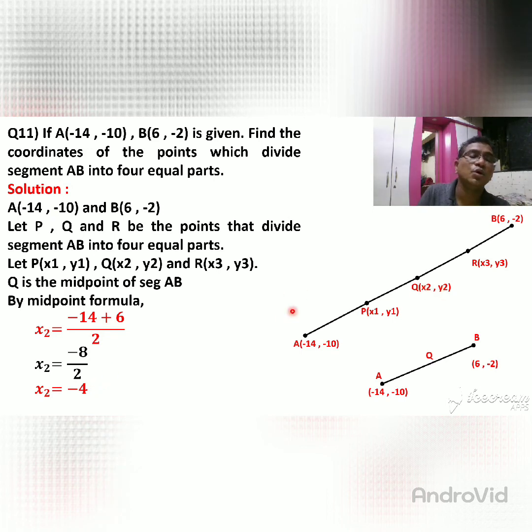So this is x2, you write here minus 4, the Q point's x2. Then again we use the midpoint formula and find y2. If you want to find y2, then you take y1 plus y4 divided by 2.